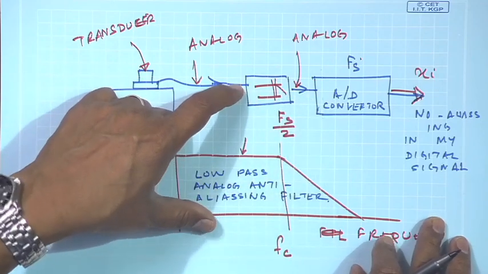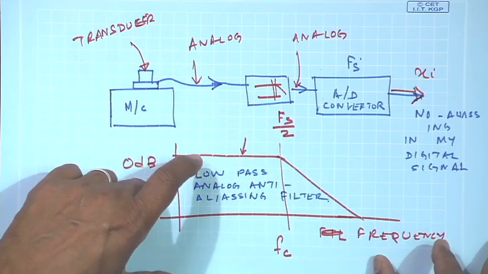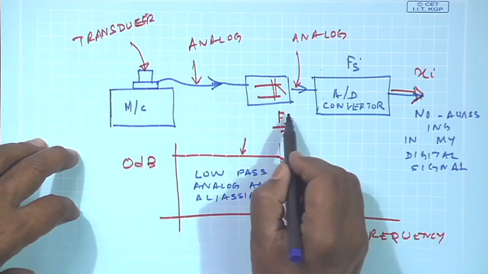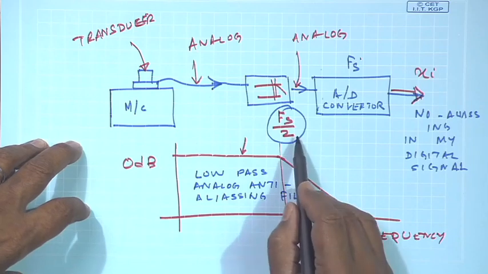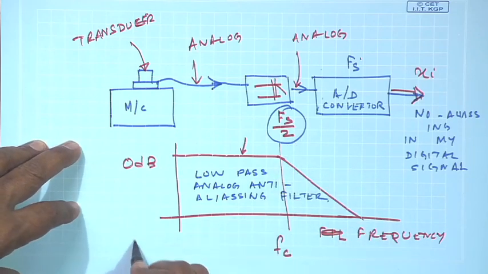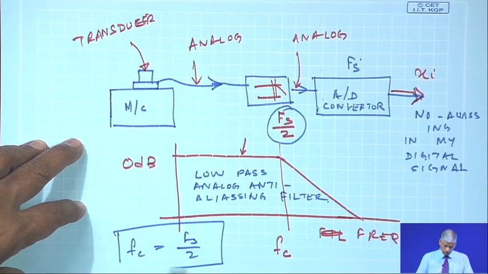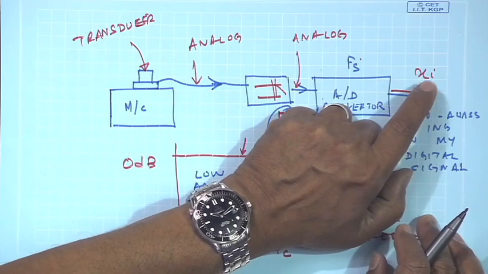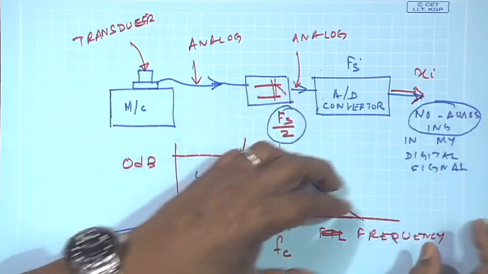Some of the A to D converters have such filters before them, or I can put an additional low pass analog anti-aliasing filter with a cutoff frequency Fc equal to Fs by 2, so that any signal which comes in, which I get Xi here, is never aliased. This is a very important thing which you have to keep in mind.